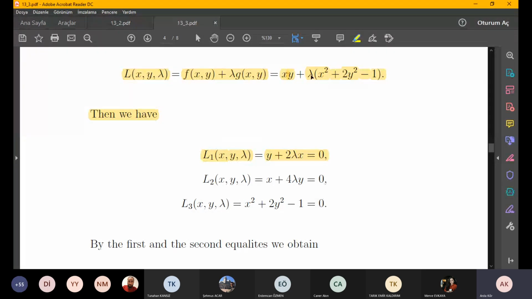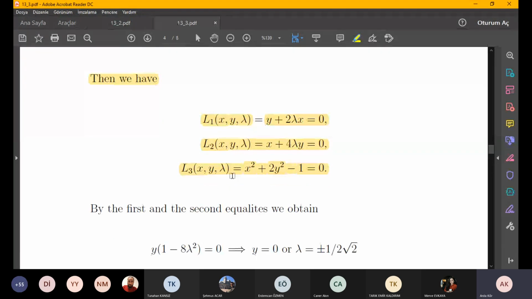You can write this as y plus 2 lambda x equals 0. Also you can simply find the other partial derivatives here. The last one has to be g(x,y).